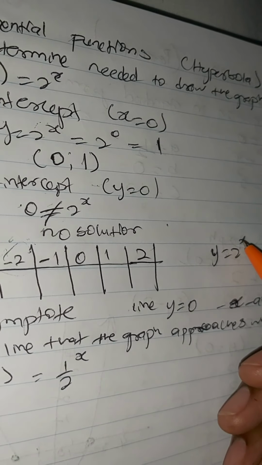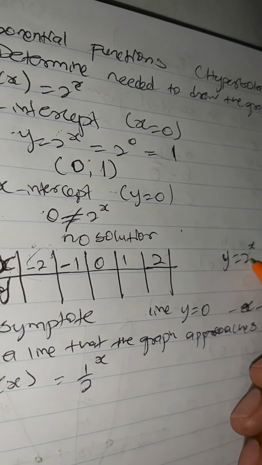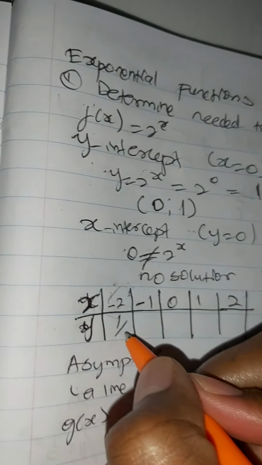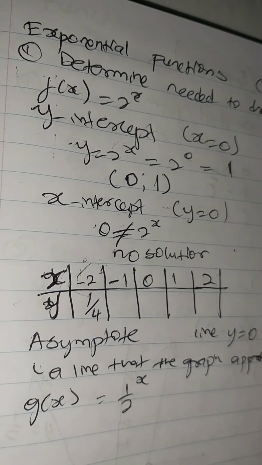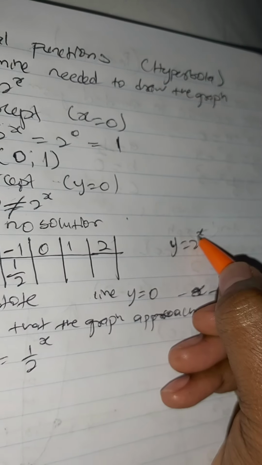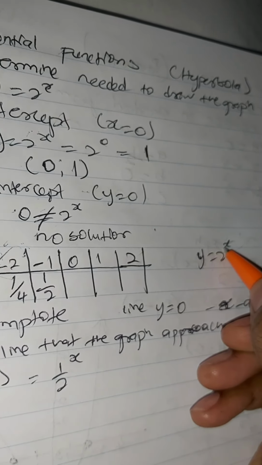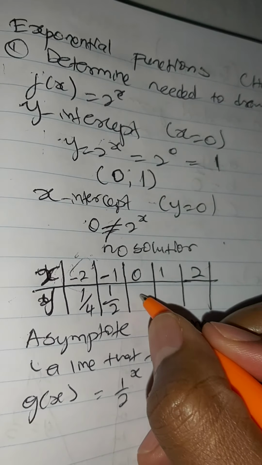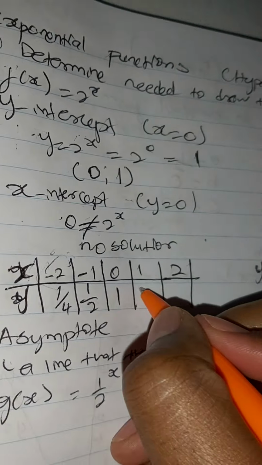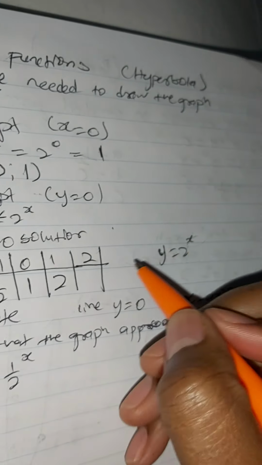If x is -2, we've got 2 exponent -2, which is 1/4. So we've got 1/4 here. If x is -1, we've got 1/2. If x is 0, any number exponent 0 is 1, so we'll have 1. If x is 1, y will be 2. If x is 2, y will be 4.